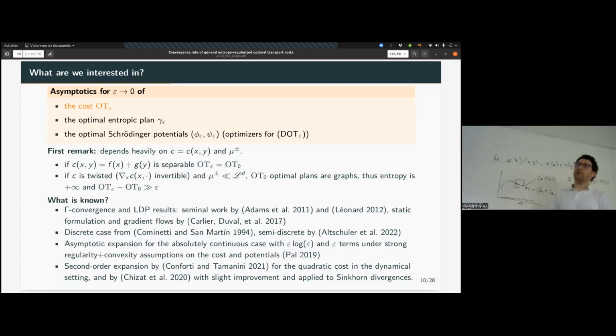So the first remark is that it depends heavily on the cost, and on the marginals also. For example, if the cost is in separable form, f of x plus g of y, you can see that OT epsilon is constant, equal to OT0 all the time.